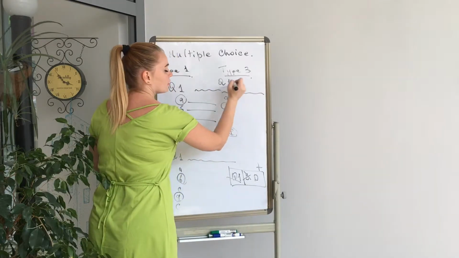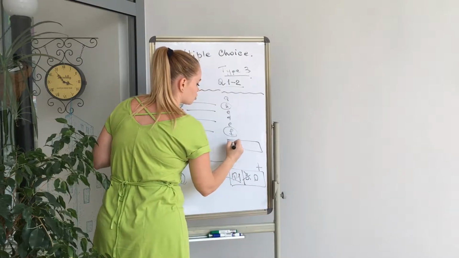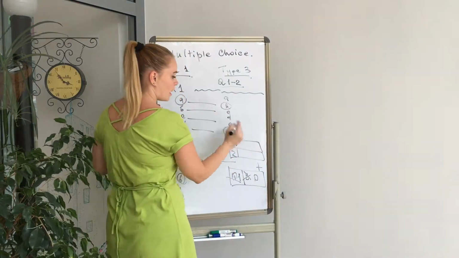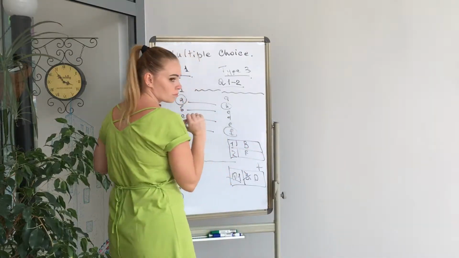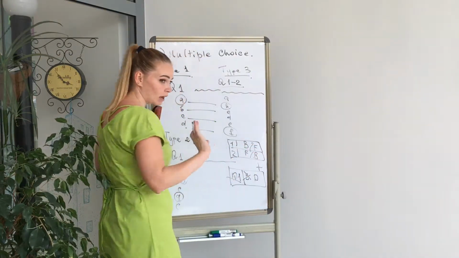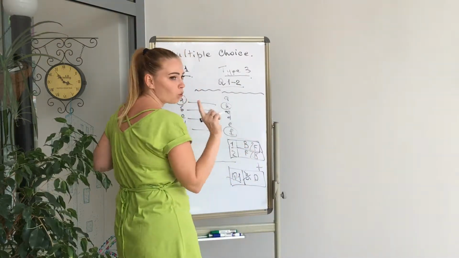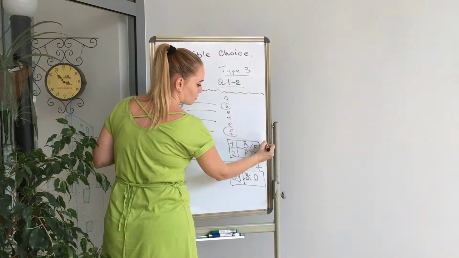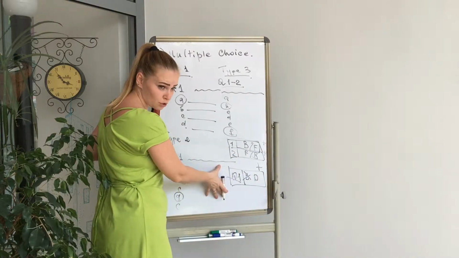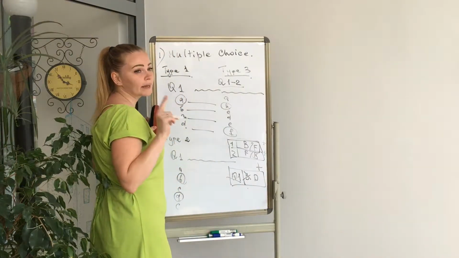But still here you have 2 questions in one. In your answer sheet, each question is going to have one answer. Or vice versa. You can write like this, F, B. It's not going to be a mistake. But each space is going to contain one answer only, and each of them is your separate point, of course. So it's much better than type number 2, because here you can easily lose your score just because you make mistake in one thing.